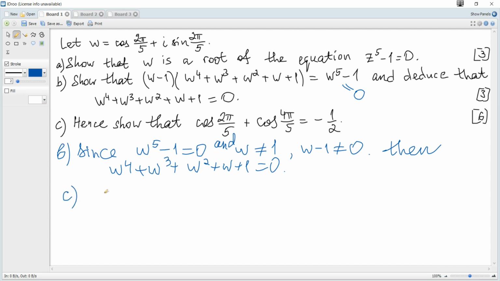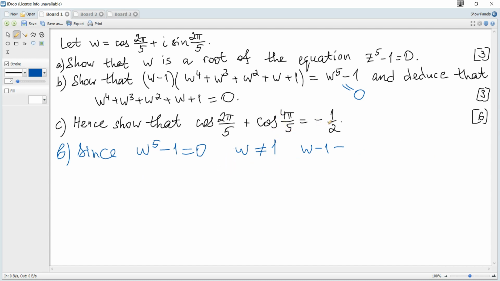The next part: show that cosine of 2 pi over 5 plus cosine of 4 pi over 5 is negative a half, and notice that it is given hence only, not hence or otherwise. Hence implies we must use the previous result.